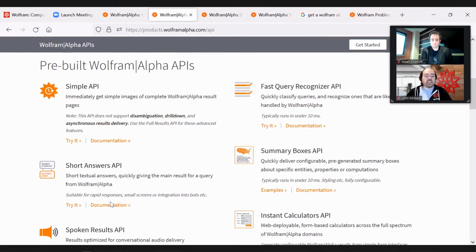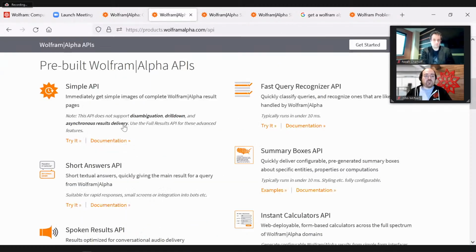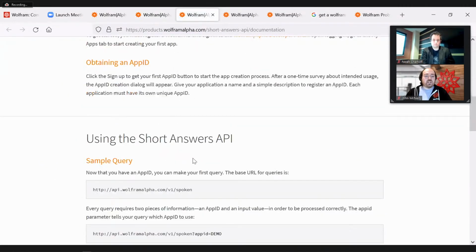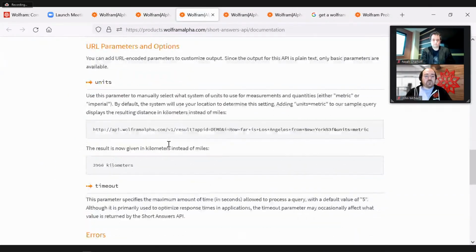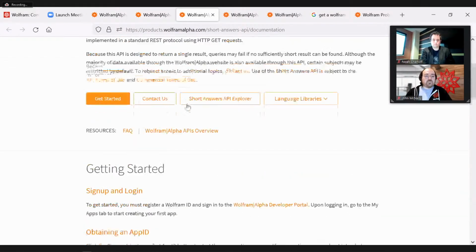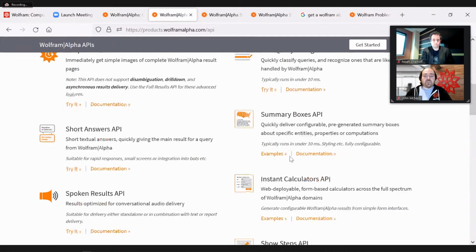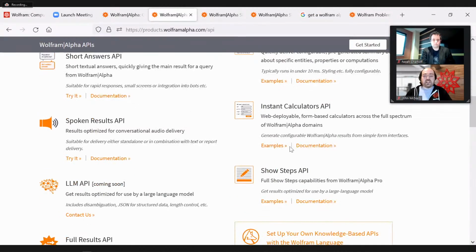There's another API that, rather than giving you just a quick image, is the short answers API. That one doesn't have a quick example here, but you get the idea. There's also an API for the various calculators built into Wolfram Alpha.